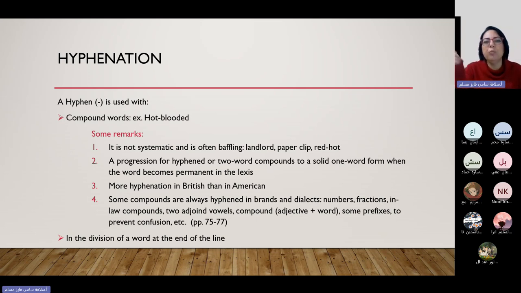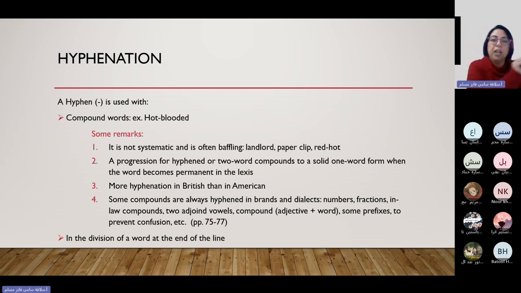This was mostly done when we used to write by hand, okay? Or when you write by hand and you don't use a computer, because a computer automatically shifts the space of the words to fit the whole word, okay? But when we use our hand to write, handwriting, sometimes we reach the end of the paper and there is no space to write the whole word, so we use the syllabification to cut the word at the correct syllable.